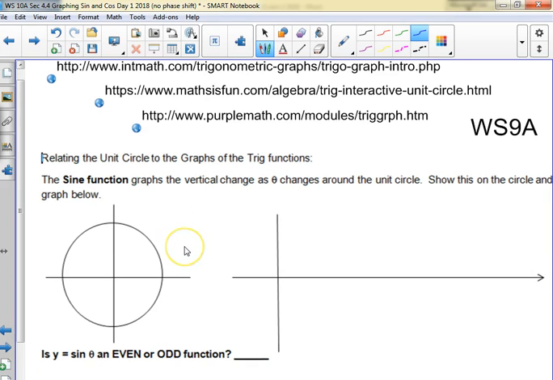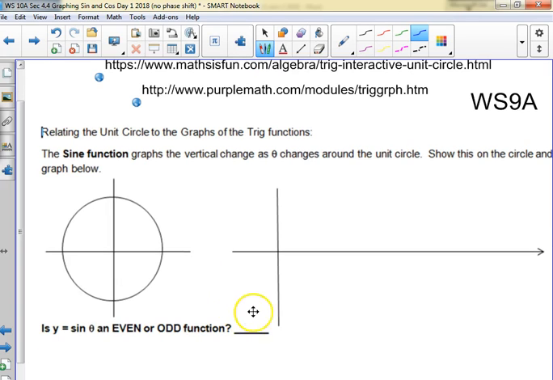All right. So the first thing I want you to really understand, I'm hoping, is that sine comes from the y values. What is the y value at that ordered pair right there? The y value is 0, so we start at 0, okay? If we go around to pi over 6, what happened to the y value? It's this little piece, right?